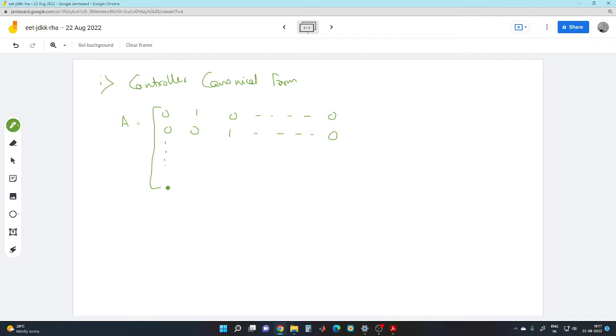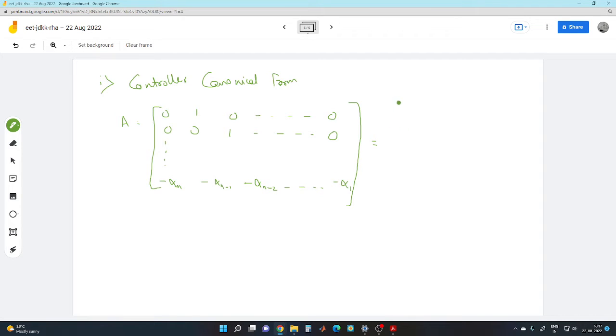And in the last row, we have minus alpha n, minus alpha n minus 1, up to alpha 1, with a minus sign.